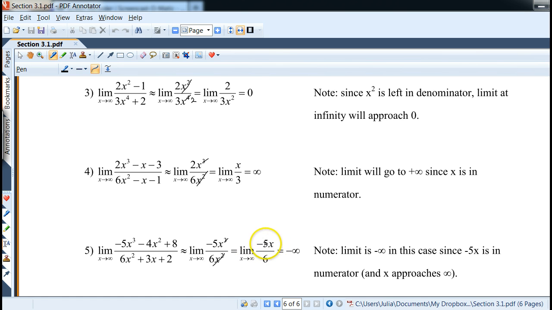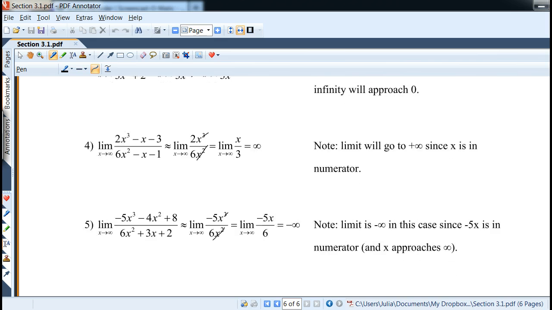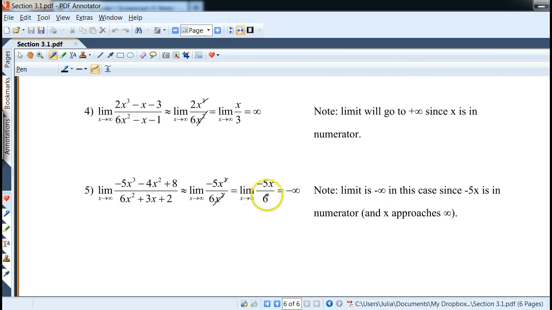Imagine very large numbers, but times negative 5. So the answer would be negative infinity in that case. And if it was going to negative infinity, then the answer would be positive infinity, and so on. So you can just basically imagine if you have a single negative left, but you have positive numbers, you'll go to a large negative number. And that's it for this section.